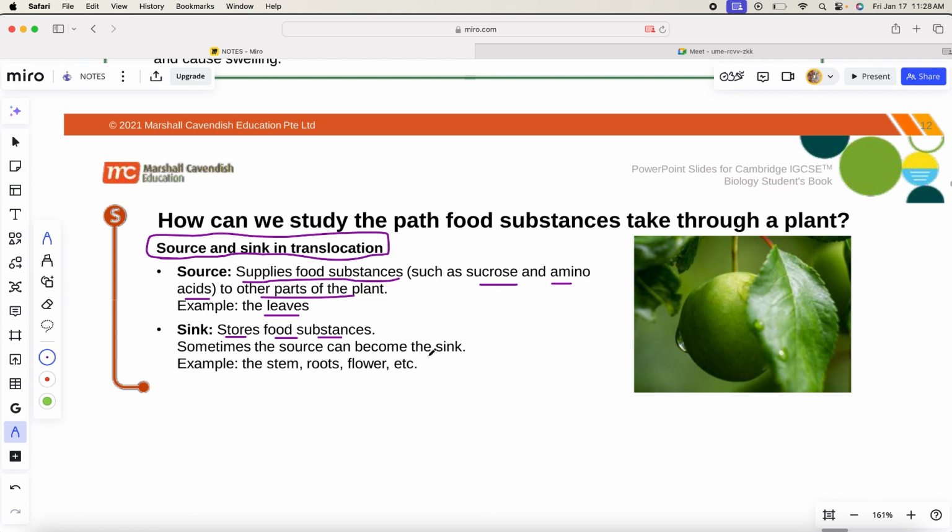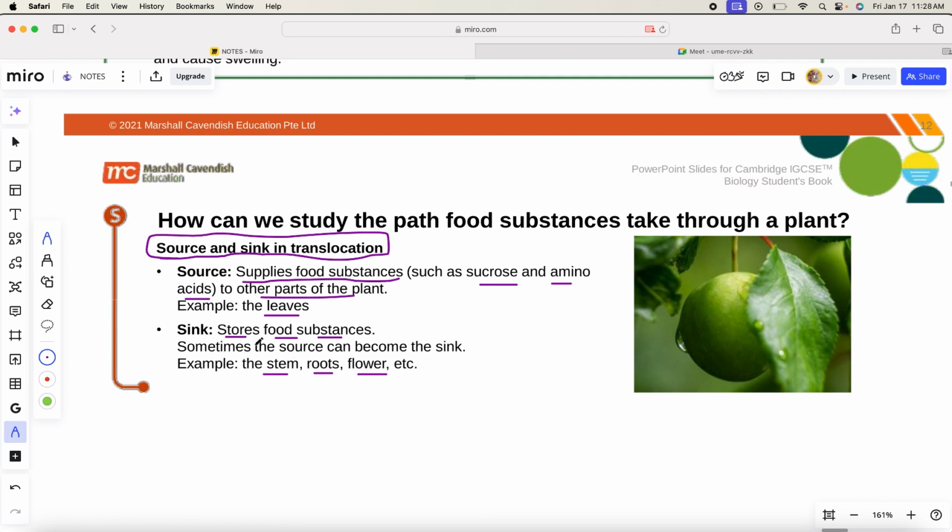Another example is the stem, where food can be stored. In the roots, there are root tubers like yam, carrot, potato, and onions. So it's stored in the root. At times it's stored in the flower itself. So you should know the sink.